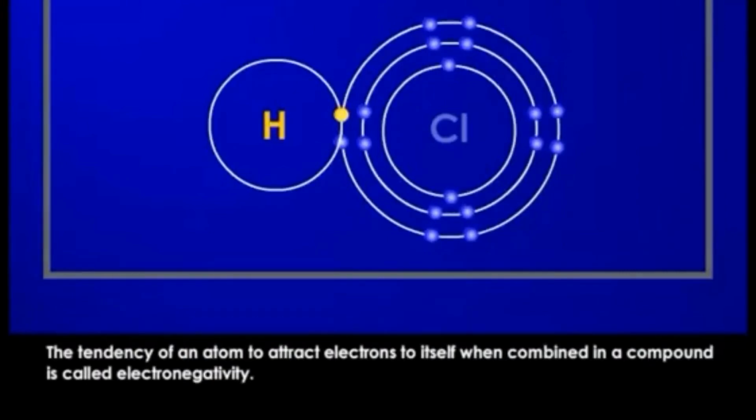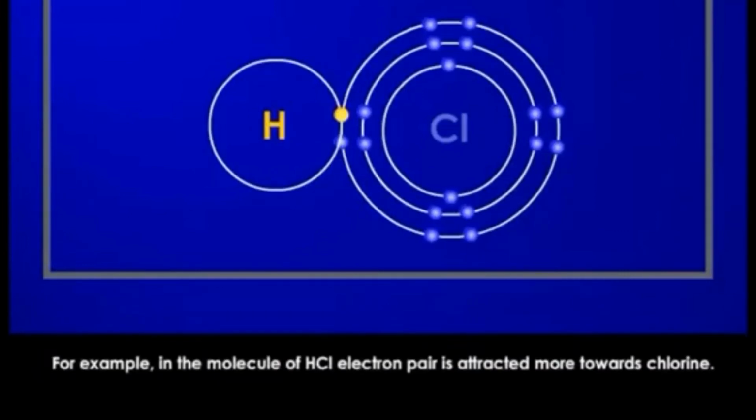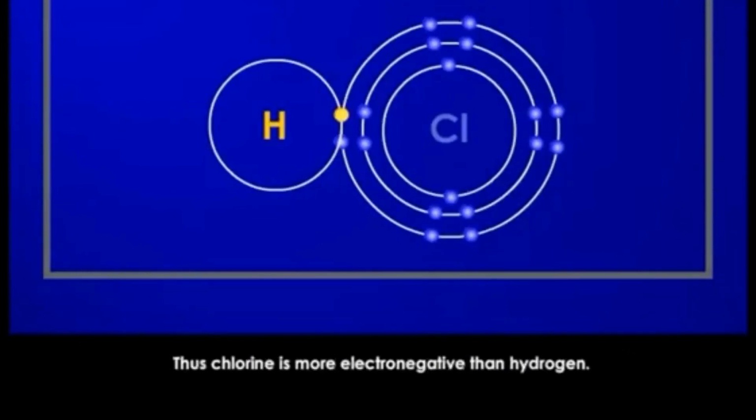The tendency of an atom to attract electrons to itself when combined in a compound is called electronegativity. For example, in the molecule of hydrogen chloride, the electron pair is attracted more towards chlorine. Thus, chlorine is more electronegative than hydrogen.